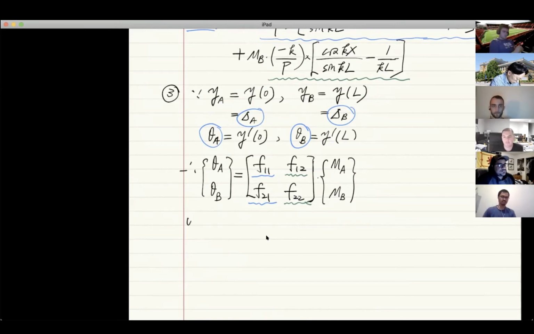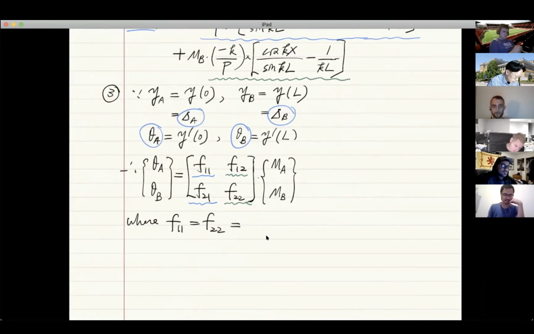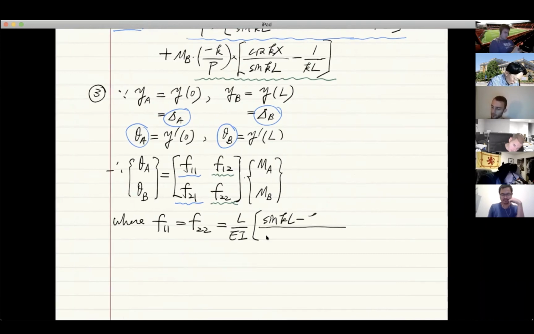F11 equals F22, and that equals L over EI times (sine KL minus KL times cosine KL) divided by (KL) squared, times sine KL.